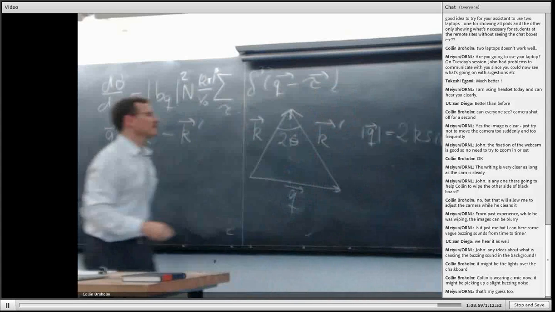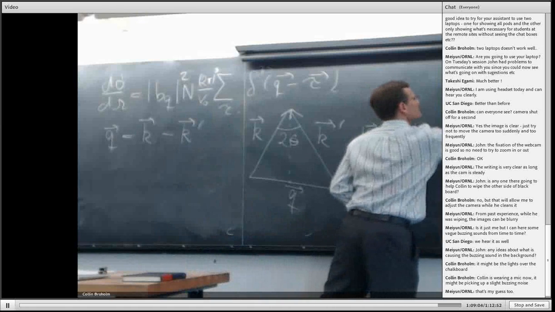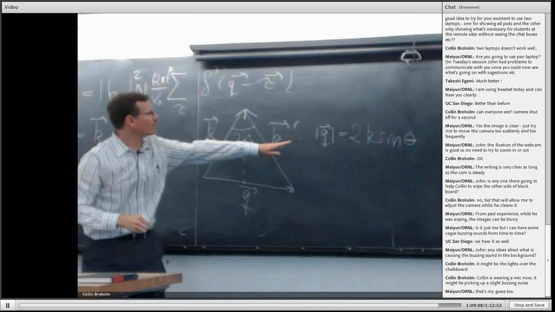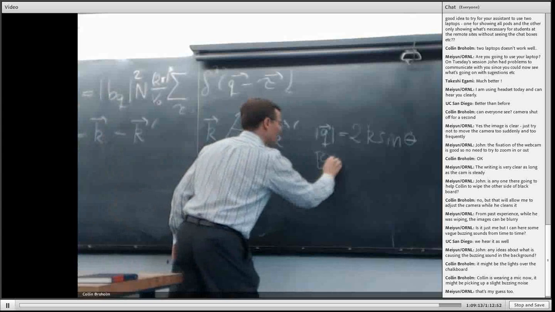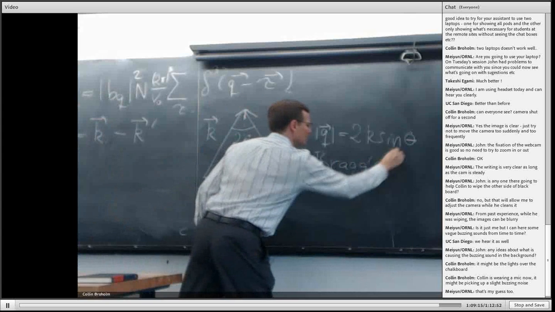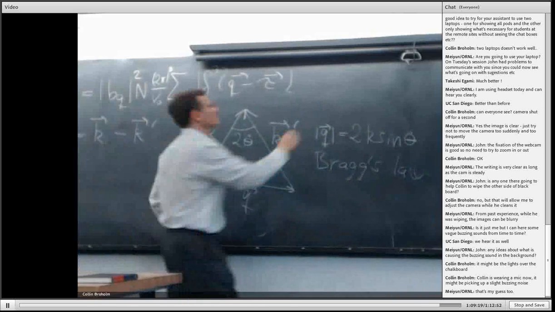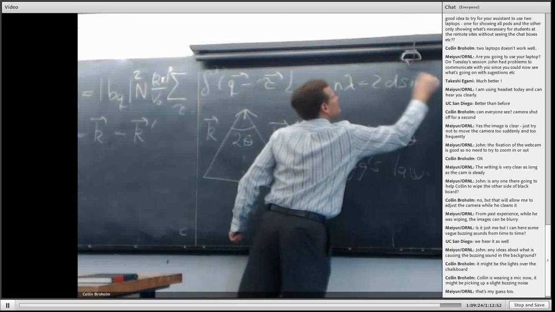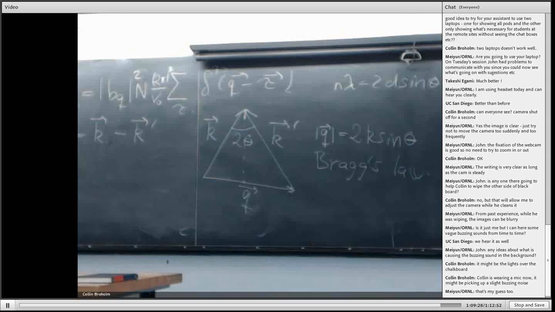That is the expression for the length of the wave vector transfer, and this is essentially what we would call, some people will call it, or we would call it happily, Bragg's law. Now this is written in reciprocal space, and sometimes you'll see people write it n lambda equals 2d sine theta, and this is exactly the same, just written out in real space instead of in reciprocal space.